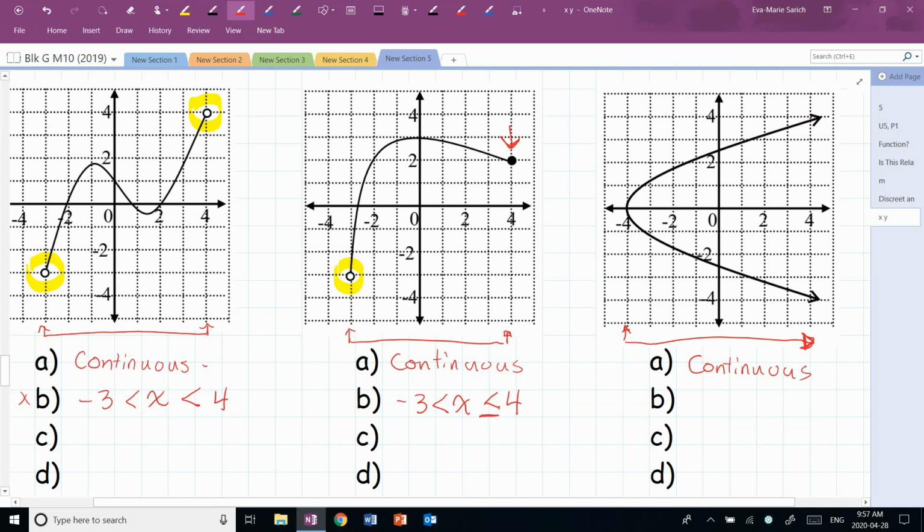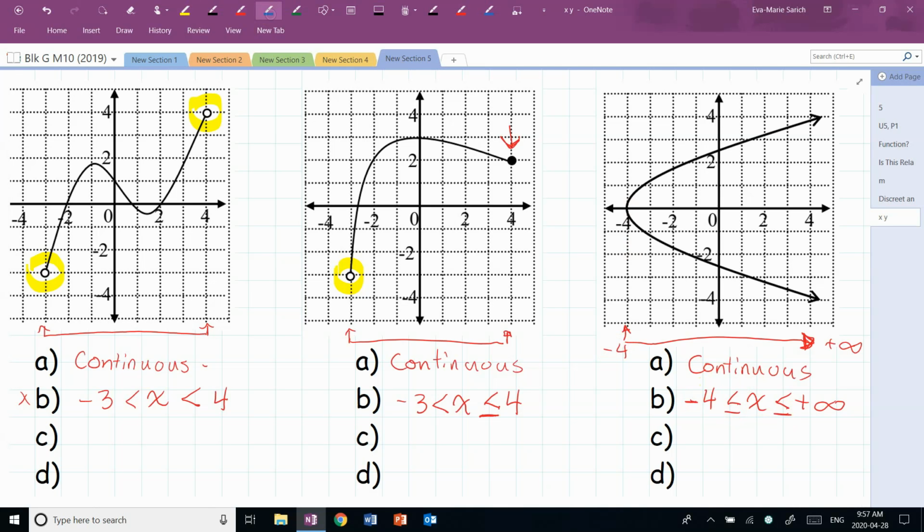So our x is going to be on this end having positive infinity because it's going on forever. Those arrows continue. So x is going to be less than or equal to positive infinity. And on this end, we have -4. Okay, so it's going to be greater than or equal to -4.